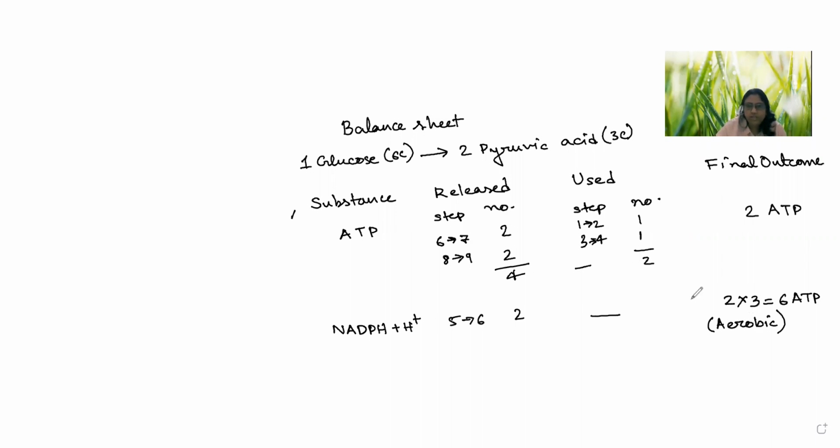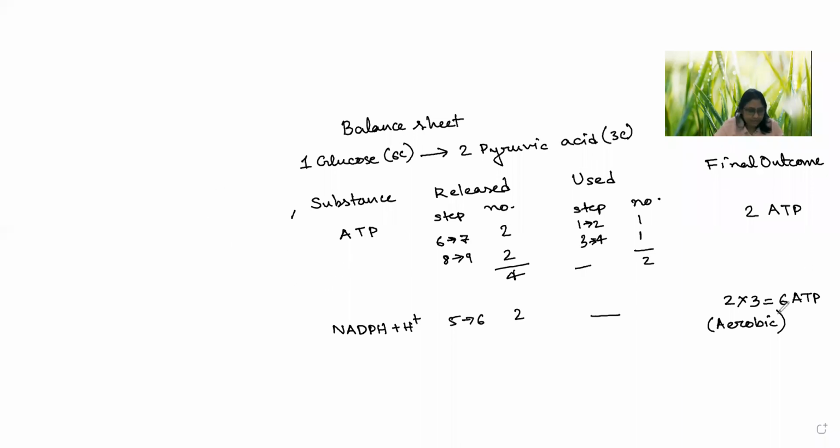So from 2 molecules of NADH plus H plus, finally there will be production of 6 molecules of ATP. I want everyone to take a note of it, and if required, you can ask me doubts.